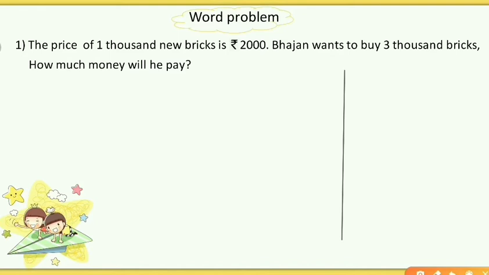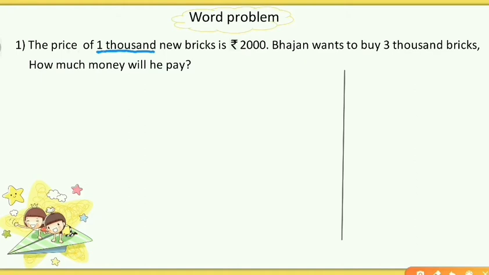The first word problem says the price of 1000 new bricks is rupees 2000. Bhajan wants to buy 3000 bricks. How much money will he pay? Solving a word problem, we always first underline the key numbers or figures given in the question.